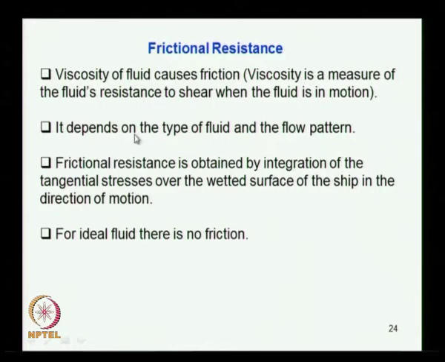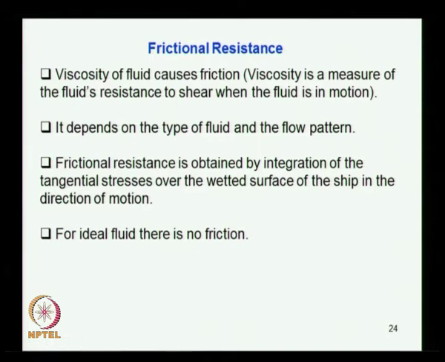If you integrate the shear stress over the wetted surface of the ship, you get a resultant frictional force which opposes the motion of the vessel, that is due to the viscosity. So this again depends on the type of fluid. Here we consider water.